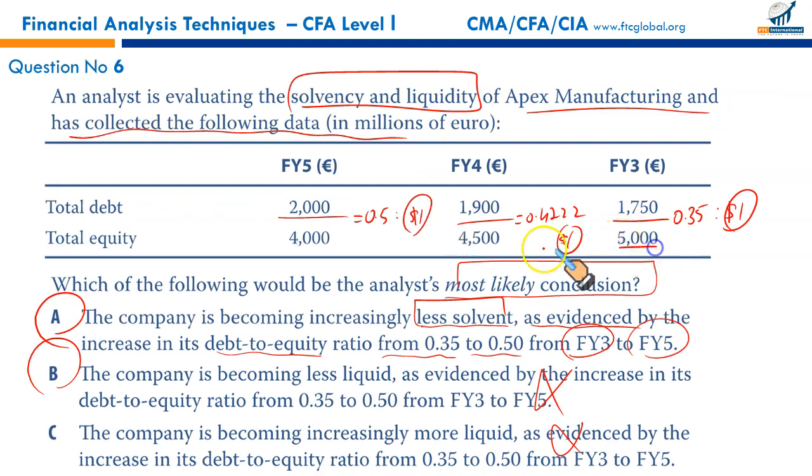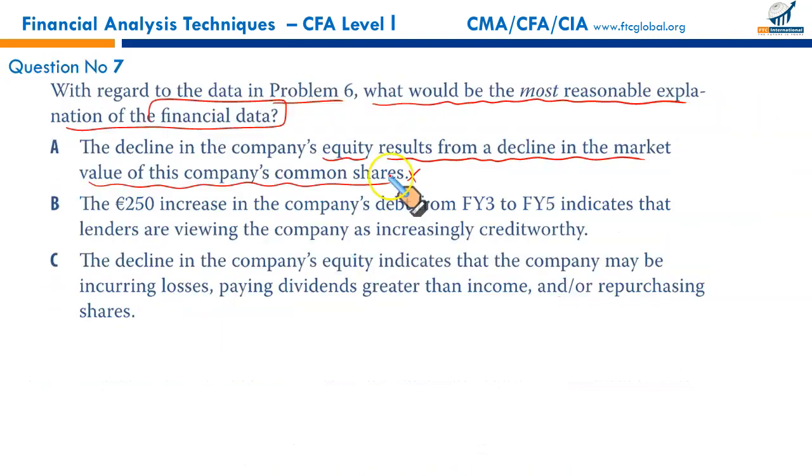If equity is falling from 5,000 to 4,500 to 4,000, either there are losses, or the company might have purchased its own stock from the market, treasury stock, or the company might have paid more dividends than the profit earned, or it could be a combination thereof. So this is not the right thing. Common shares are not reported at the market price. This is wrong, a totally incorrect option. Equity is reported at book value, not the market value.